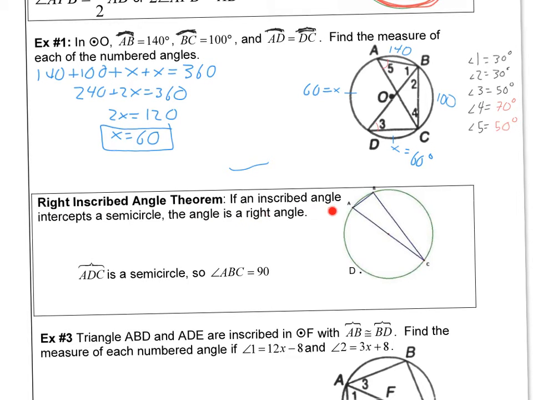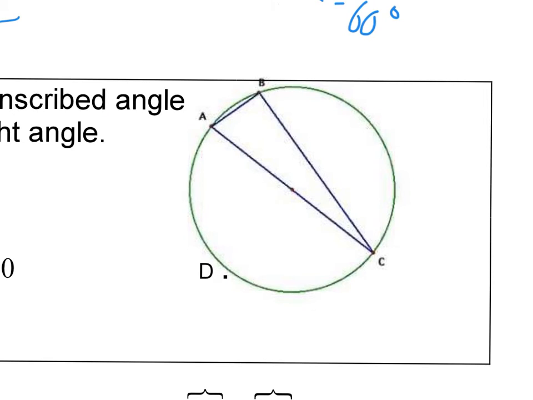So what does this say? It says if an inscribed angle intercepts a semicircle, the angle is a right angle. Well, let's think about that. Let's look at angle B here. Angle B is intercepting arc AC, and we could call it ADC. That point should be on the actual circle. If this is the center, then arc ADC is exactly half the circle, so it's 180 degrees.